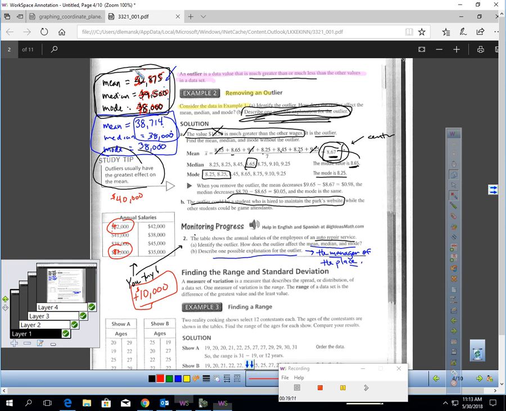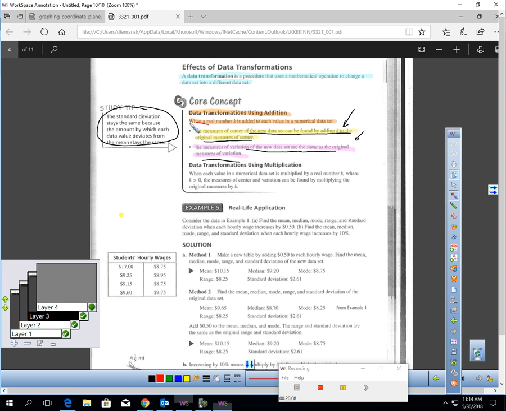Okay, so the range won't change, but the mean, median, and mode will change. So that's what this is trying to tell me. If I add a certain amount or subtract a certain amount to my data set, my mode, my mean, and my median will just change by that same amount. However, my range or my standard deviation won't change.